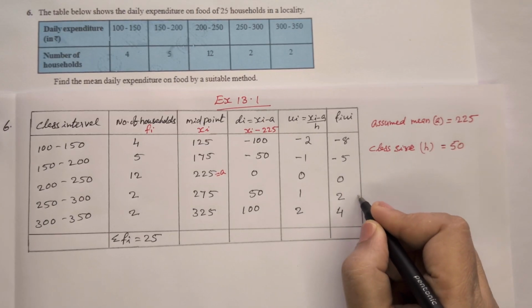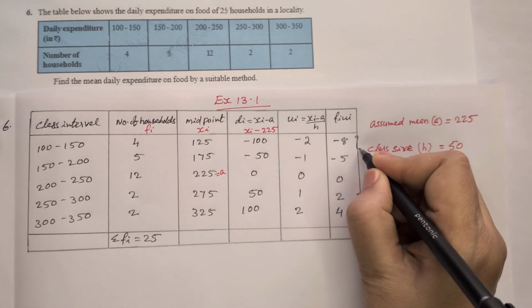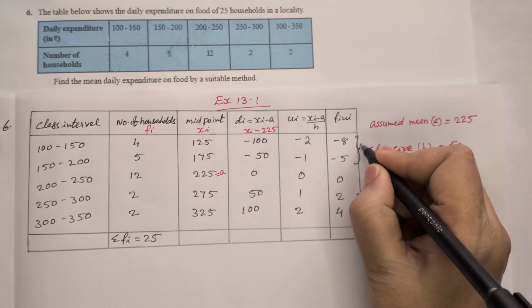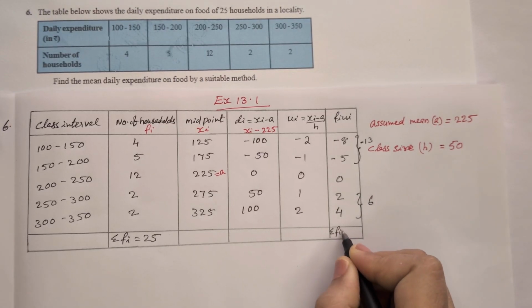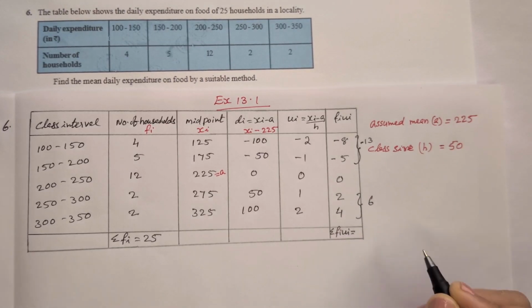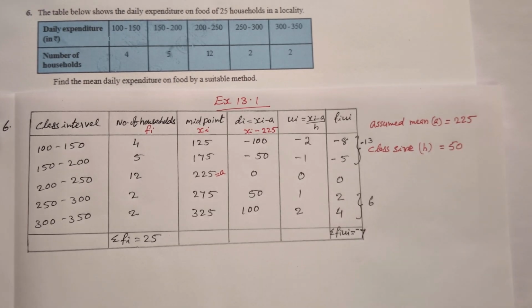When we are adding the positive numbers here, 6, negative numbers minus 30. So sigma Fi Ui is equal to minus 7. And we can write the formula and apply the values in that.